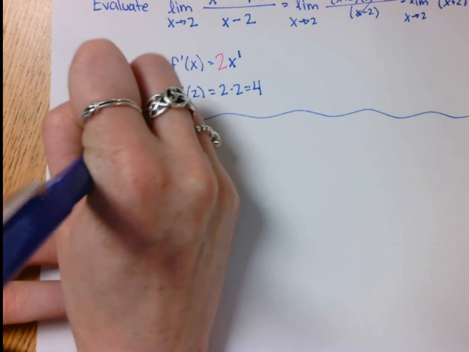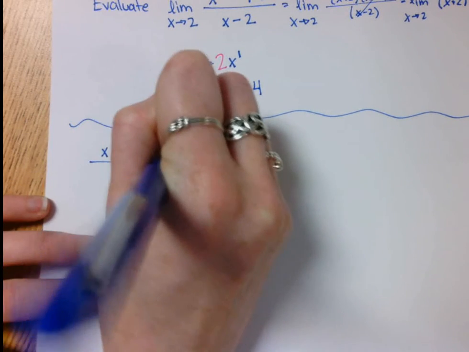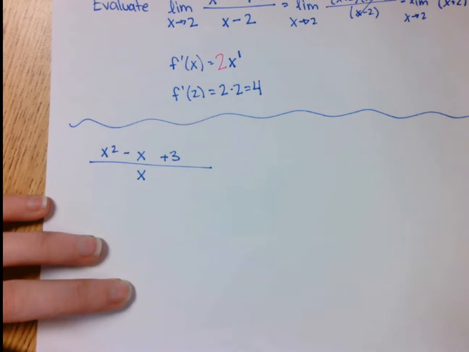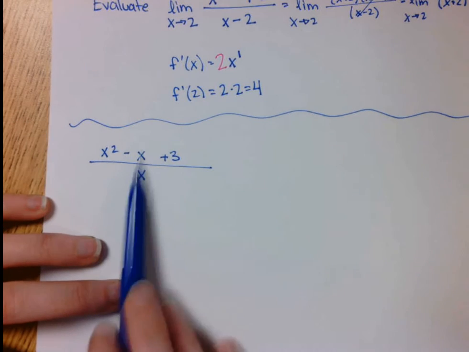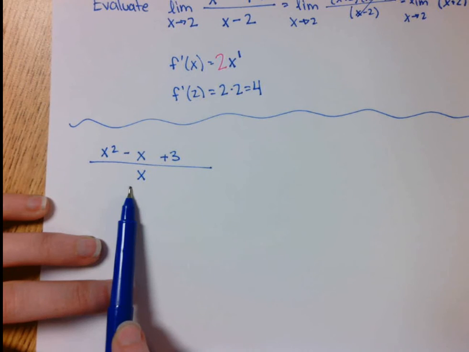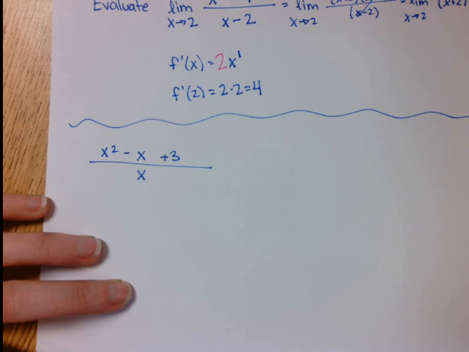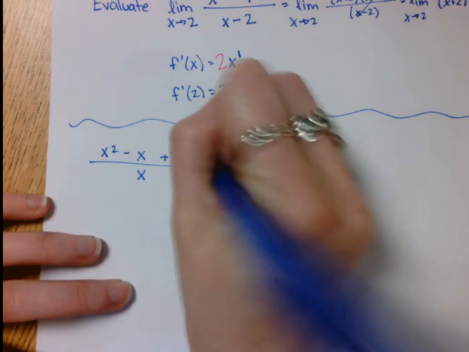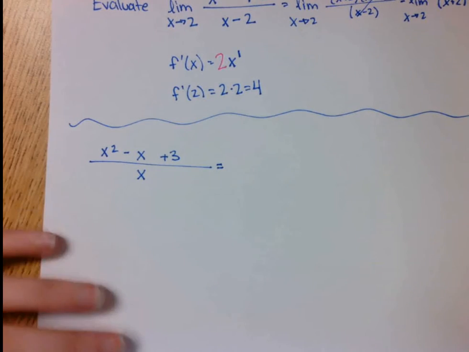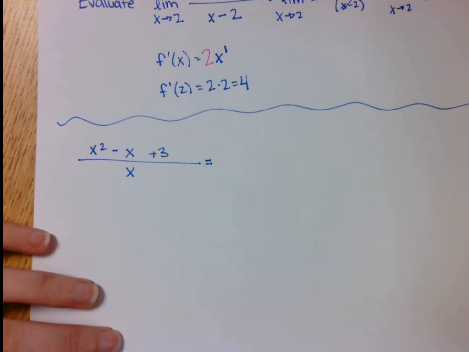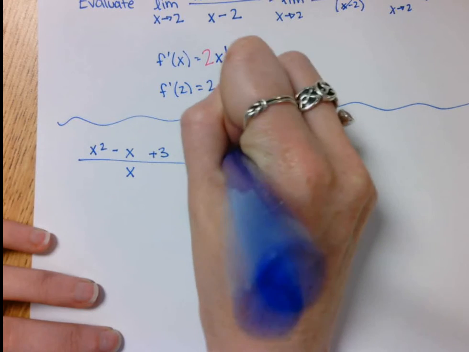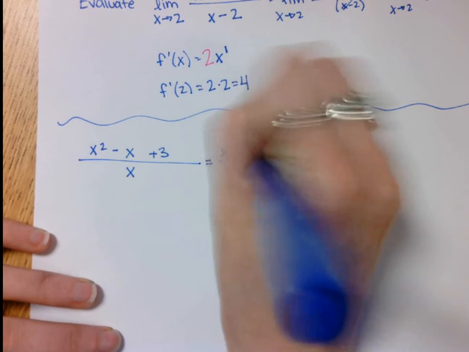We had x squared minus x plus 3 all over x. I can do power rule. The key thing is manipulating it so that you can actually use it. Whenever you see big long fractions like this, break it into its parts. x squared over x. Each term is getting divided by x.